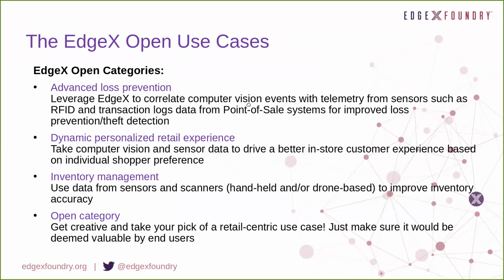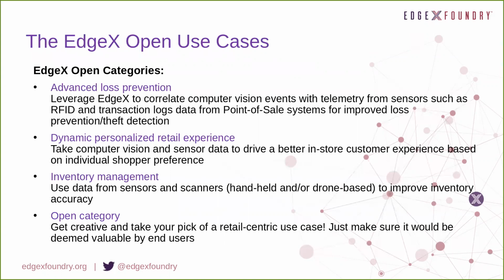So say I'm looking at the point of sale system and I see that thing looks like a stereo, but it rang up like a lamp or a pack of gum, because there are cases where people swap price tags, or they scan one thing but they actually move something else.